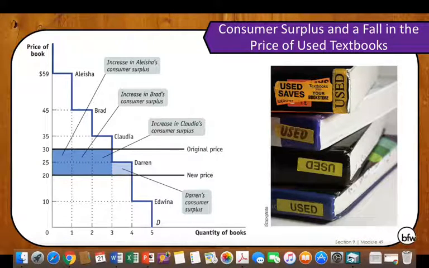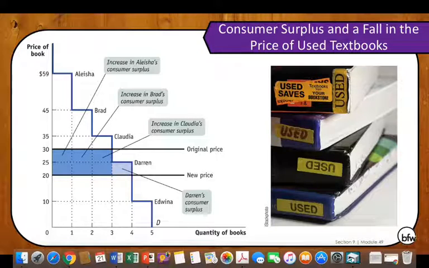And total consumer surplus now rises by the area of the dark blue triangle, which represents the increase in Alicia's consumer surplus, which is 10, the increase in Brad's consumer surplus, which is 10, and the increase in Claudia's consumer surplus, which is 10. So that's $30, but now we have $5 of Darren's surplus, and so that adds $35 to consumer surplus, to the $59 that we already enjoyed. So a lower price increases consumer surplus.